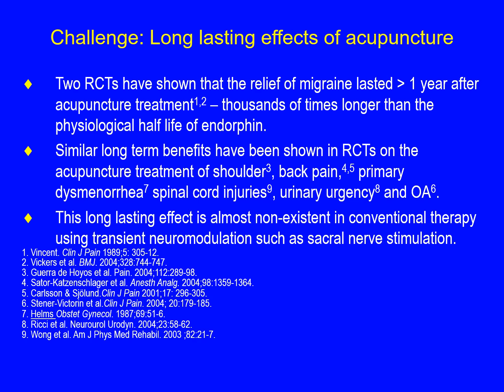Similar long-term benefits have been shown in randomized controlled trials on the acupuncture treatment of shoulder pain, back pain, primary dysmenorrhea, spinal cord injuries, urinary urgency, and osteoarthritis. This long-lasting effect is almost non-existent in conventional neurostimulation therapy using transient neuromodulation, such as sacral nerve stimulation.